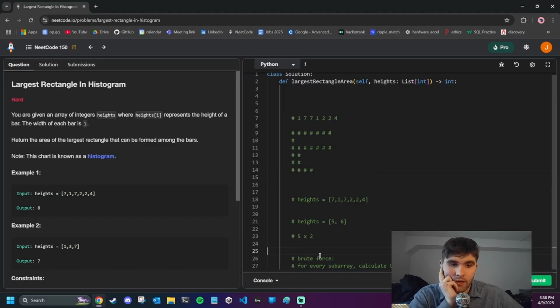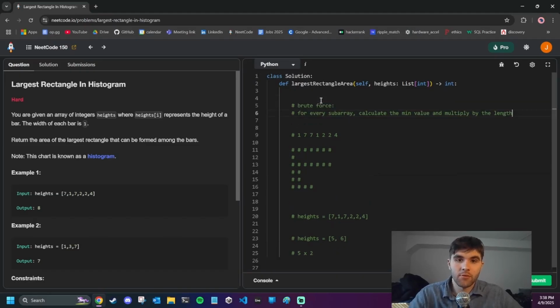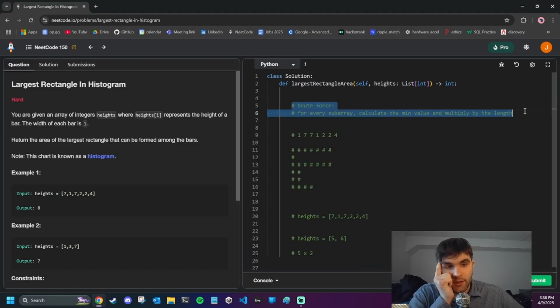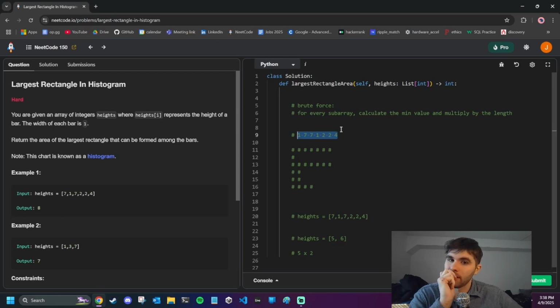Okay, so I'm very confident I could code the brute force solution. Very confident I could do that. So this would basically be however many subarrays there are in this, which is basically at every decision we can either include something or not.